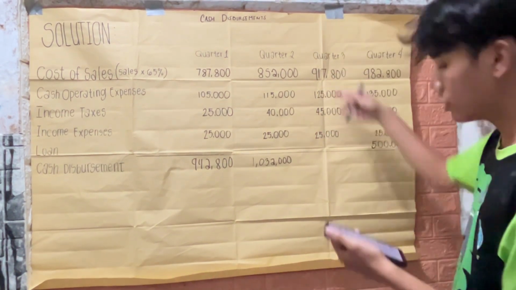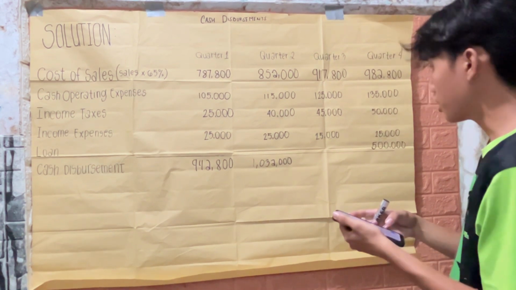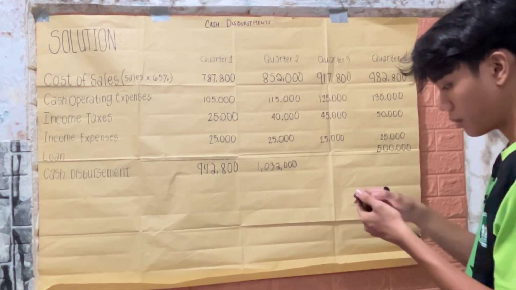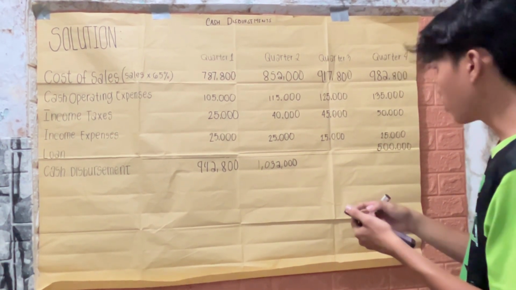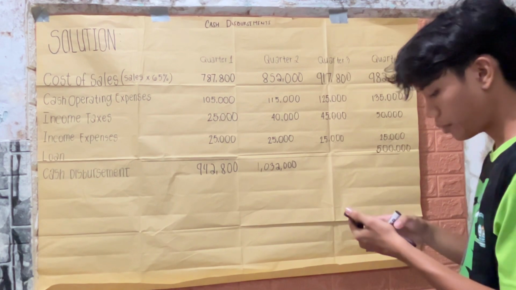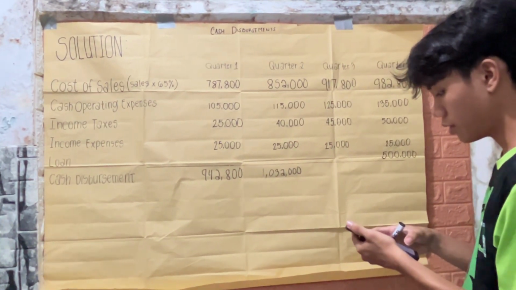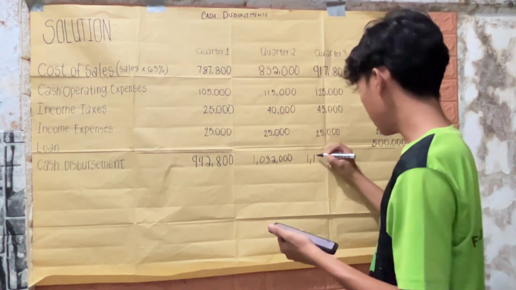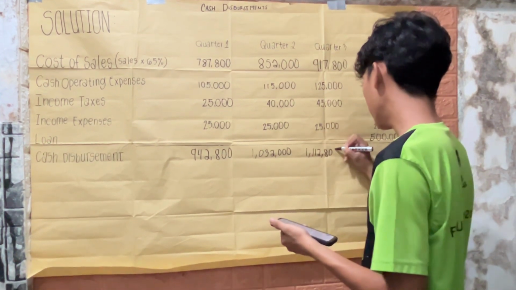Next, we have quarter three, which is 917,000 plus 125,000 plus 45,000 plus 25,000, which amounts to 1,012,800.